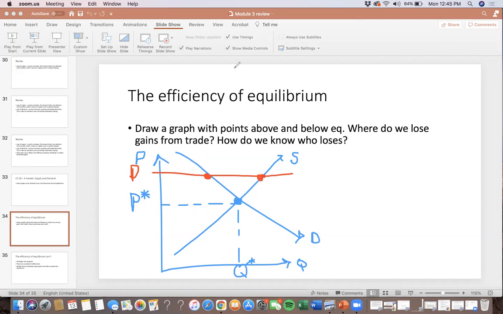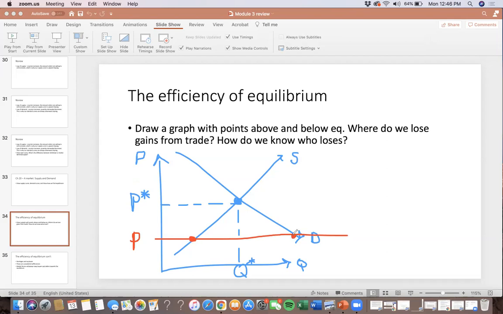When we have a lower price, when we have a price down here, we have a supply that is too short. It falls very low on our quantity, and we have a demand that's very high.